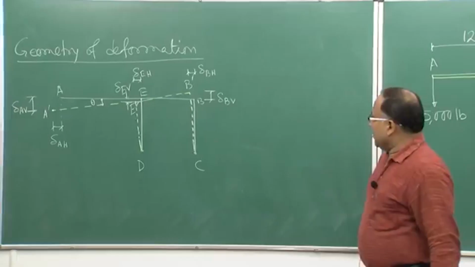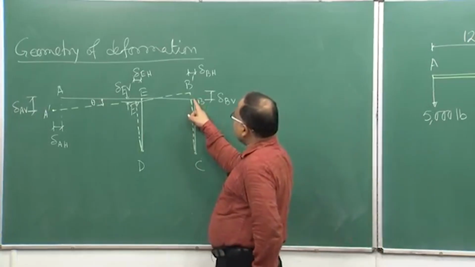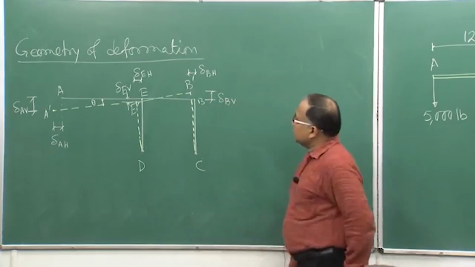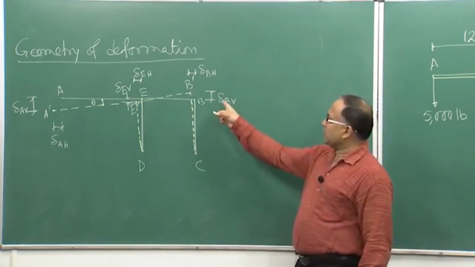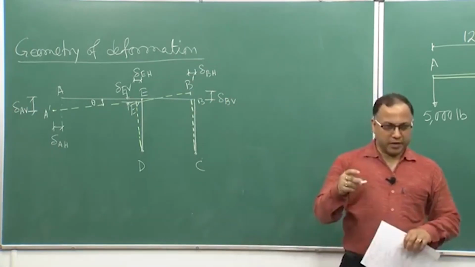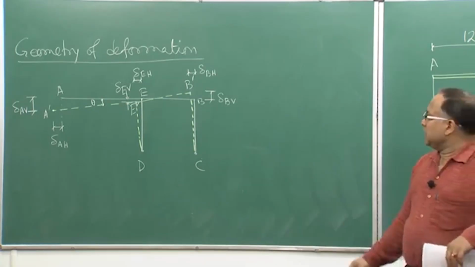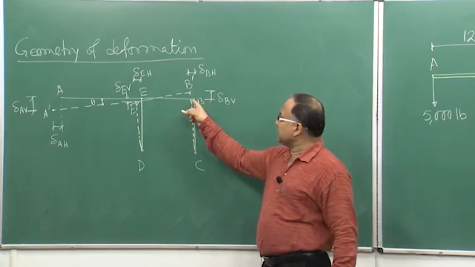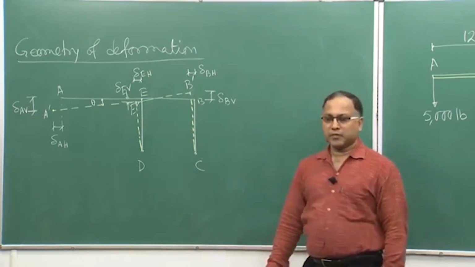Now, this B point basically goes to B prime point. Therefore, the vertical movement of B point is given by delta BV, which is the vertical distance between B and B prime.